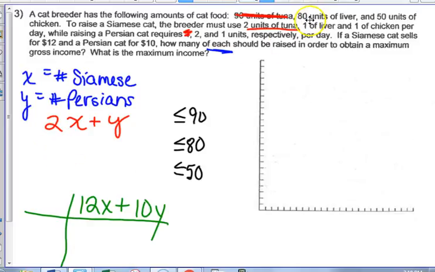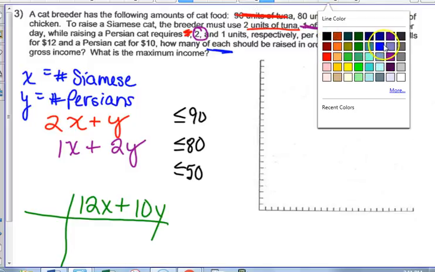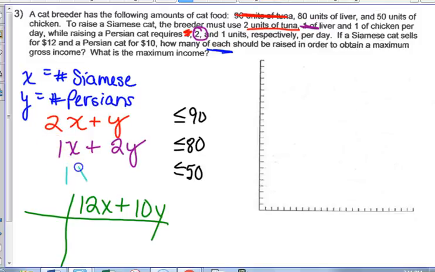For liver, 1 can of liver for a Siamese, 2 for a Persian, right? And then apparently the chicken is nobody's favorite. We still like simple, just plugging in zeros and getting easy numbers. Okay. And if we were writing the hidden constraints, they'd have to both be greater than or equal to 0.